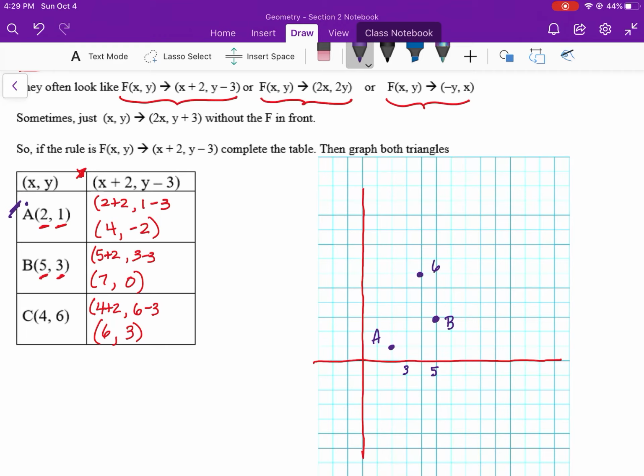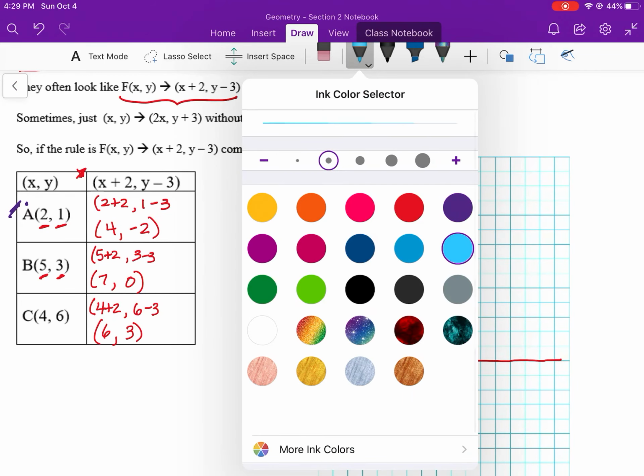So 6 should be here, right? 1, 2, 3, 4, 5, 6. Even though I don't have to put numbers, I often do because it helps me graph them correctly. So here's the triangle. Oh, not a 6, it should be C, right? Silly me. C.